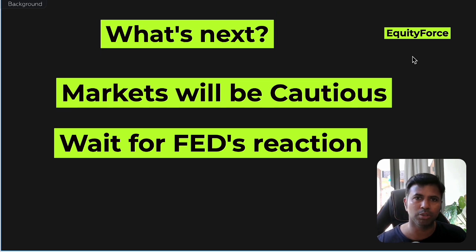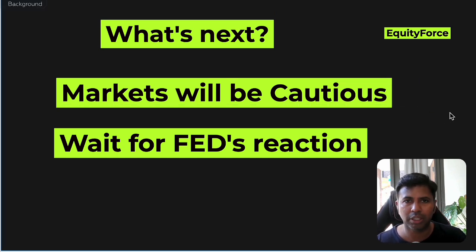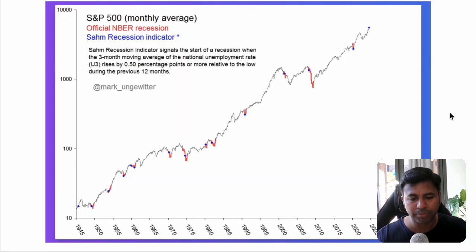If there is more bad news coming in, we will be moving down, and if there is some kind of support from the policymakers, then we'll be taking support and moving up. As traders and investors, we need to be cautious during this uncertainty period, and once there is more clarity, the markets will react to the news.